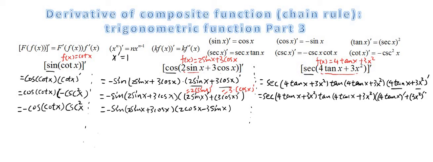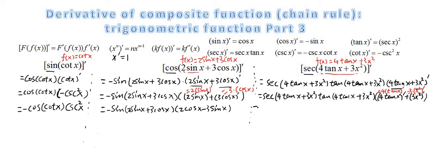Okay, now let's focus on these two terms. In the first term, we have 4 times tangent x. We're going to follow the constant multiple rule. We keep the constant, and we do the derivative only for tangent x. Similarly, for 3x squared, we keep the constant 3 here and do the derivative only for x squared.